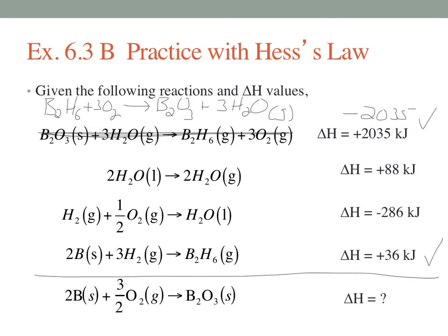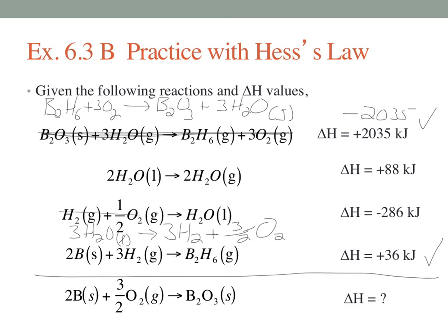So if we reverse the second one, or this third equation down here, and triple it, then we can see how our hydrogens will cancel out. So that's going to give me 3H2O liquid turning into 3 H2s, and now I've got 3 halves an oxygen, which is fine.